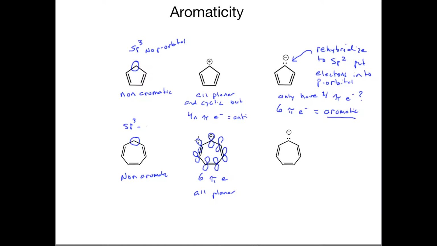And so we have all of our electrons in conjugation, and this tells us that now we have something that is indeed aromatic. Since we have 6 pi electrons, it's cyclic, it's flat or planar, and everything is sp2 hybridized. We have all carbons with the p orbital. Therefore, this compound is aromatic.